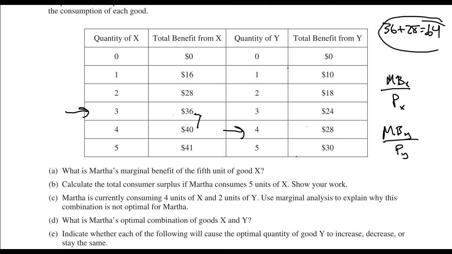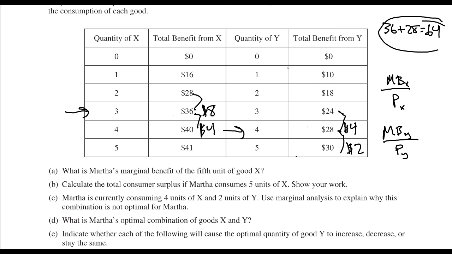Her marginal benefit from going from 3X to 4X is still $4, and her marginal benefit from going from 3 to 4 or 4 to 5, the marginal benefit here was $4, and the marginal benefit for that 5th one is only $2. Sorry, I should draw in the same here. So marginal benefit actually hasn't changed.